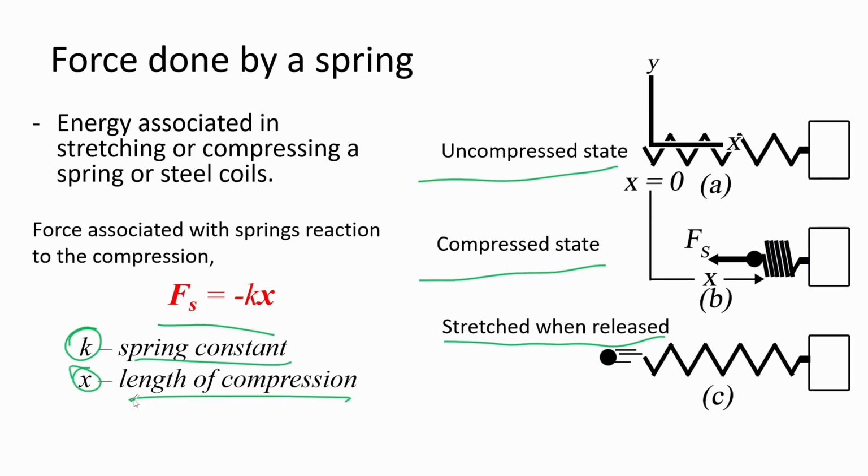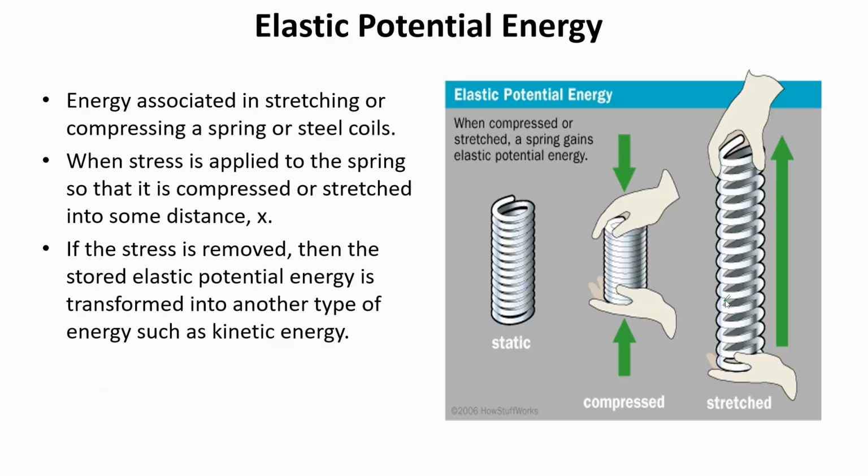So in the uncompressed state, x is at 0. At the compressed state, you pressed it at x, then when you release it, it converts the spring energy towards the ball, ejecting it. So energy associated in stretching or compressing a spring is called elastic potential energy.